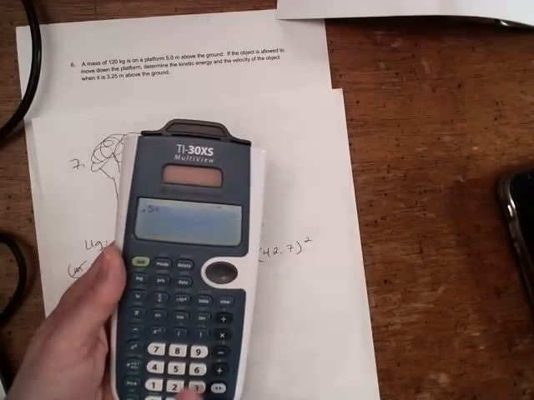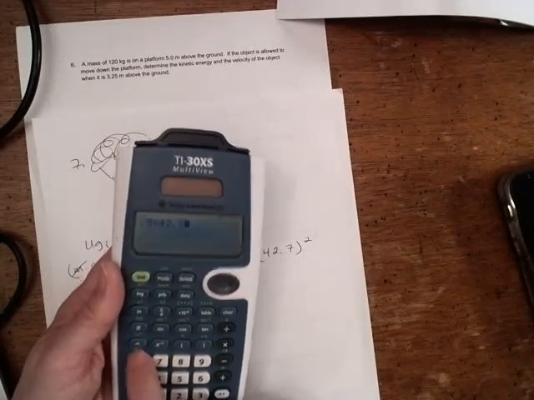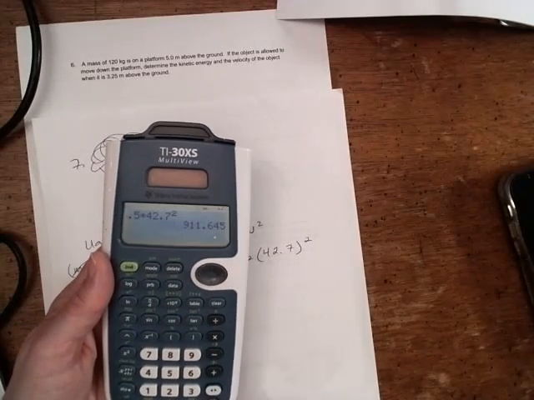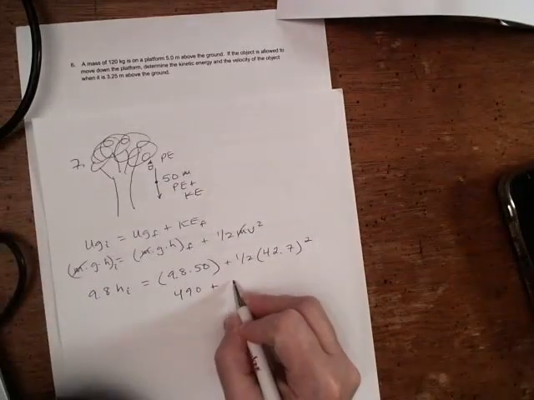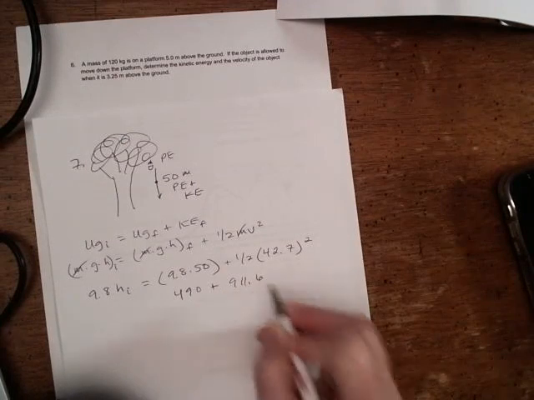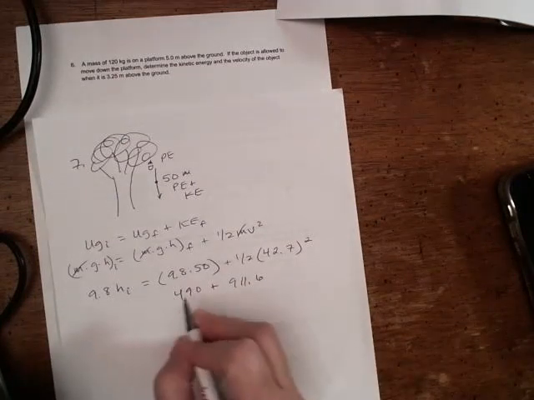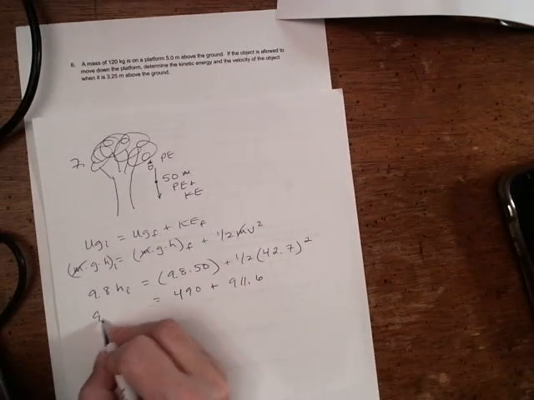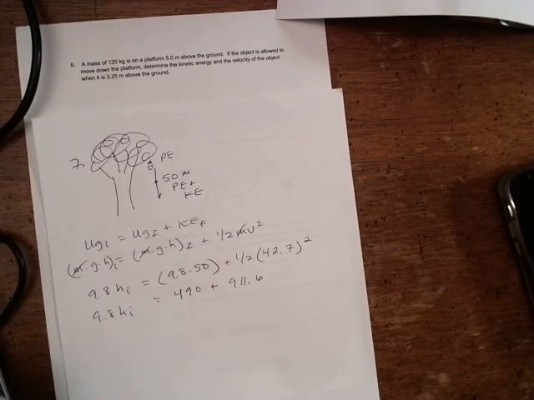0.5 for 1/2 times 42.7 squared for kinetic gives me 911.6. And that equals 9.8 times my height of my tree.